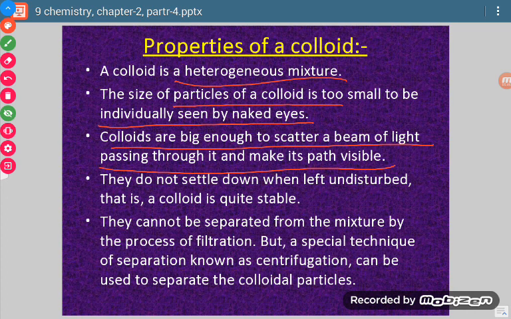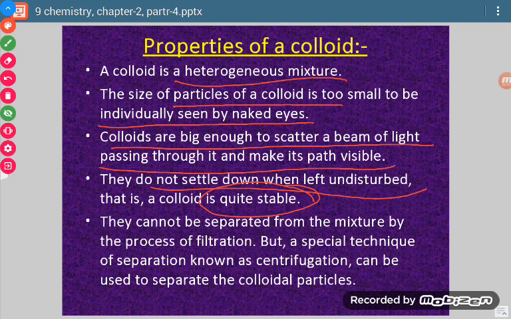Next property, they do not settle down when left undisturbed. It means that colloid is quite stable. When a colloid is formed, it will not undergo any change until we do some process. It will remain as we have prepared.